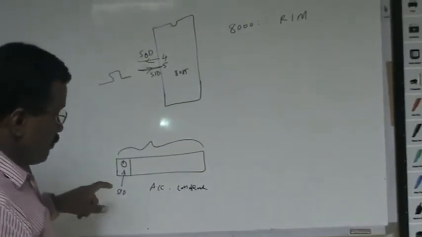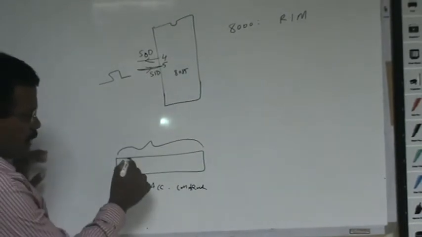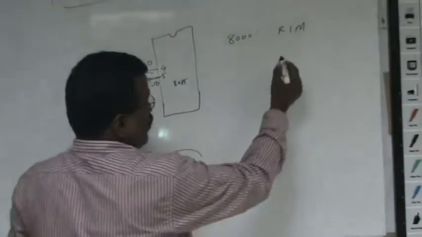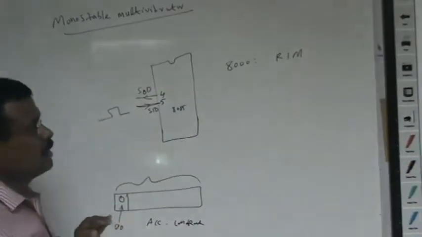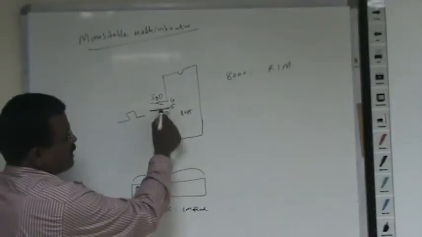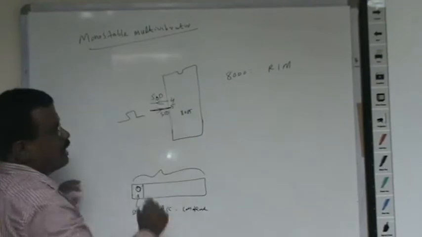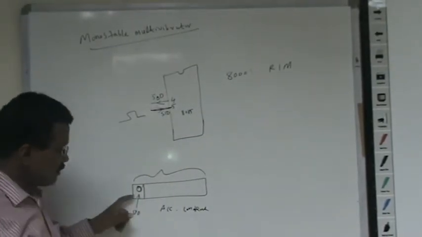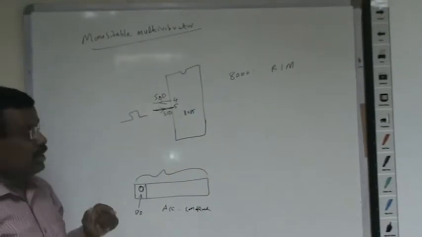So I have to check this MSB of the accumulator, whether it is 1 or 0. Once you execute the RIM instruction, this MSB of the accumulator consists of the status of the input signal which is given through the 5th pin of the microprocessor. Now we have to check the status of the MSB of the accumulator, whether it is 1 or 0.